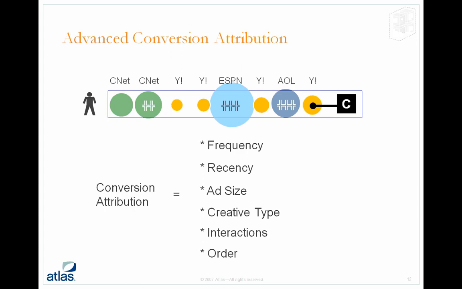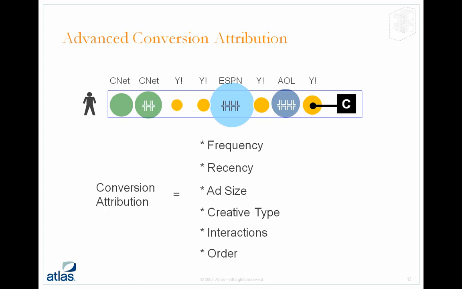Interactions, so rich media, there's a number of interactions that we can track, and those can be included. And then also things like order. So order is our term for active events, so somebody clicking on something. And we're able to distinguish, in the user's history, the order in which things were clicked on, and give more credit to the initial clicks that got people in the door.